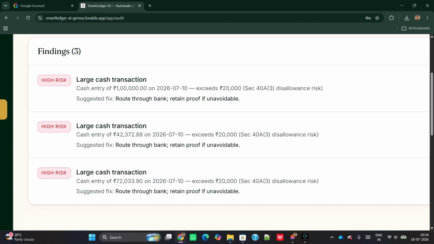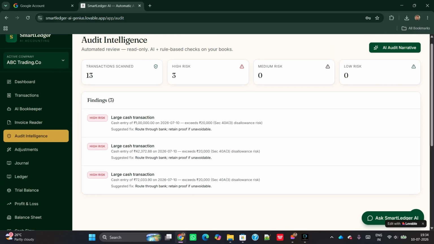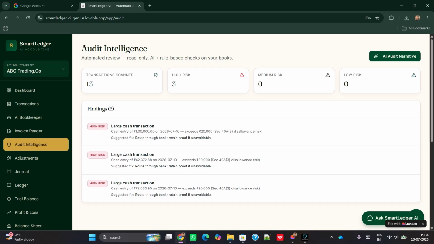So it has suggested the fix that routing through bank is unavoidable. So this feature of Smart Ledger AI points out the mistakes which are made while entering the transaction, and also suggests how to fix the mistakes which are generally made.